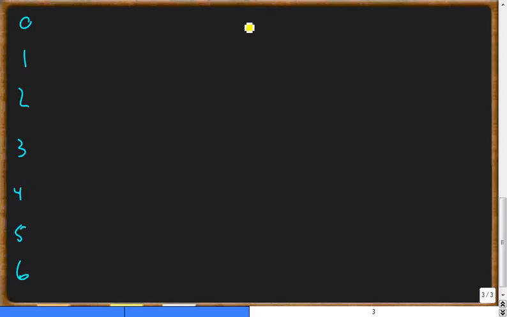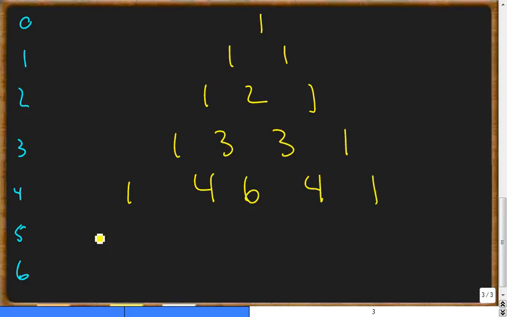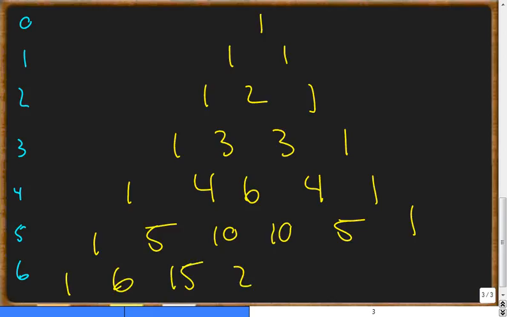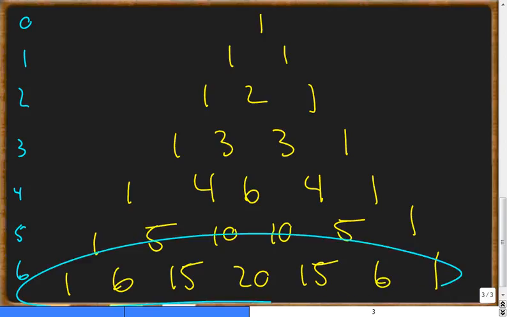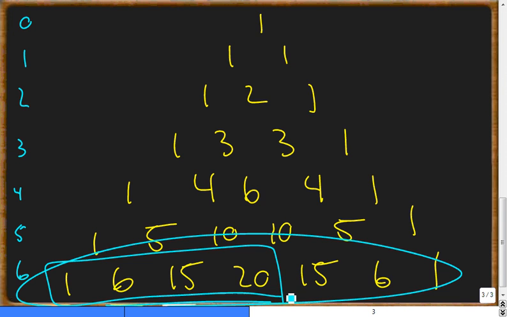Our rows are 1; 1, 1; 1, 2, 1; 1, 3, 3, 1; 1, 4, 6, 4, 1; 1, 5, 10, 10, 5, 1; and finally 1, 6, 15, 20, 15, 6, 1. This is the setup we're going to use. So 1, 6, 15, and 20 should be the ones we use.